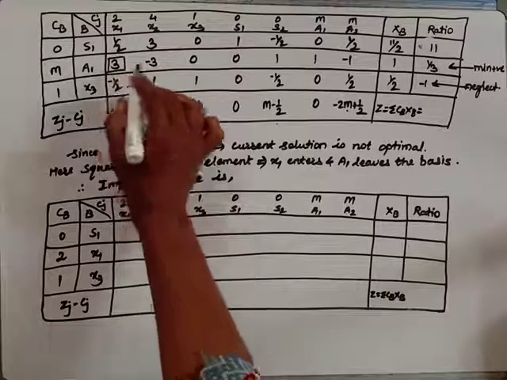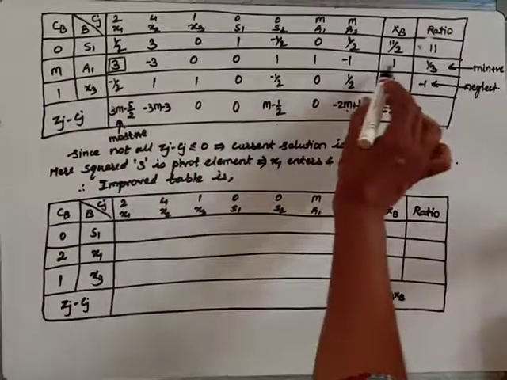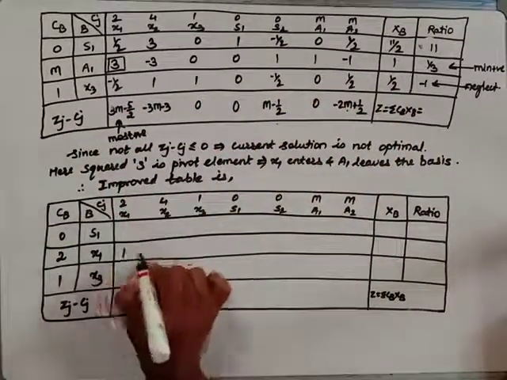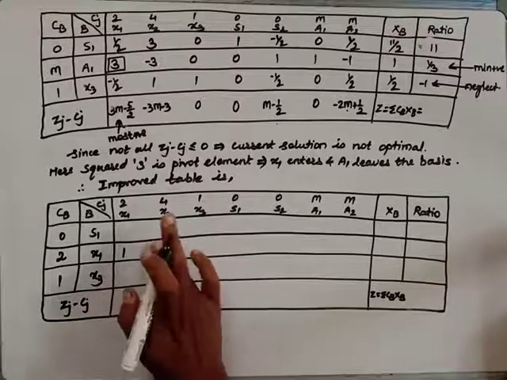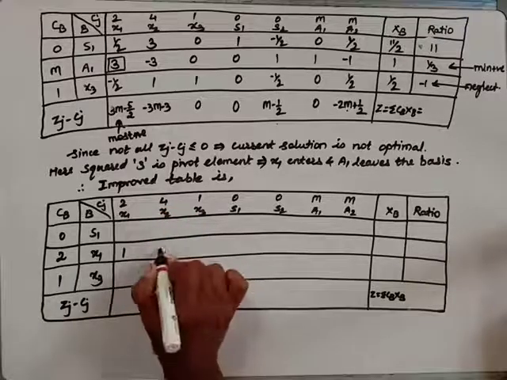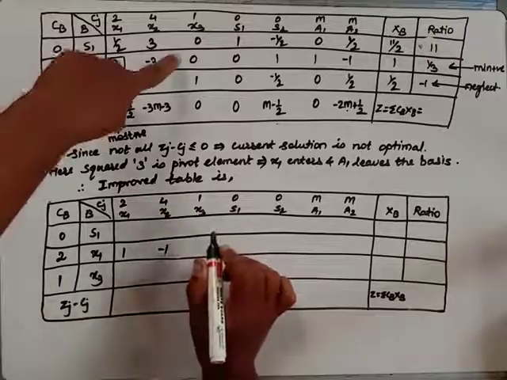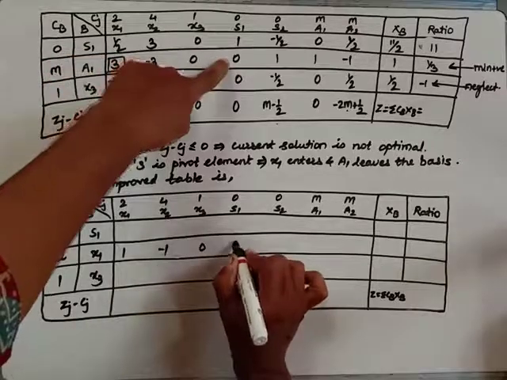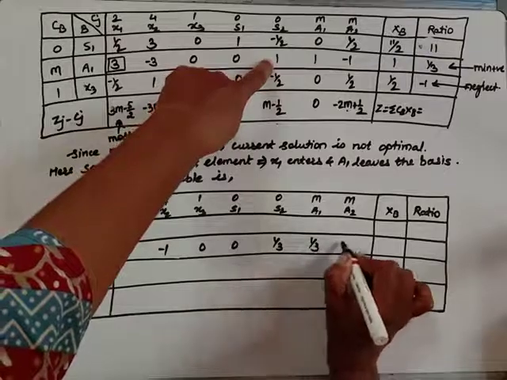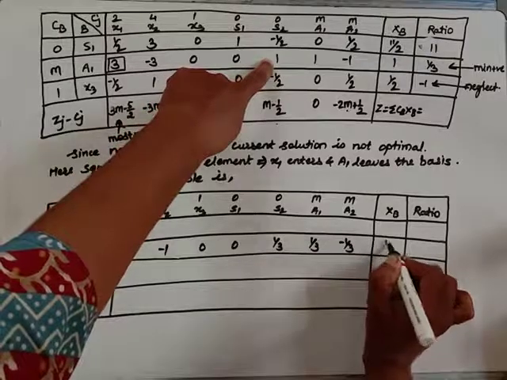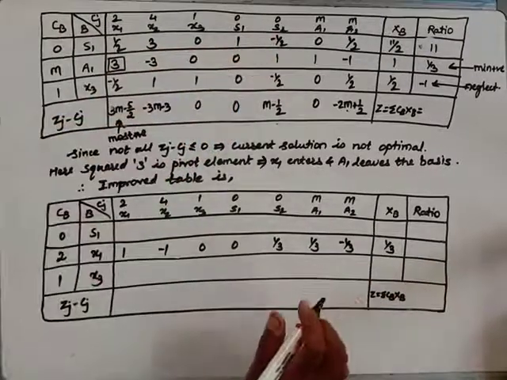We have to make this 3 as 1. So divide throughout this row by 3. So it will be 1, minus 1, minus 1. Here it is 0, 0, 1/3. It is 1/3. It is minus 1/3. It is again 1/3. Okay.